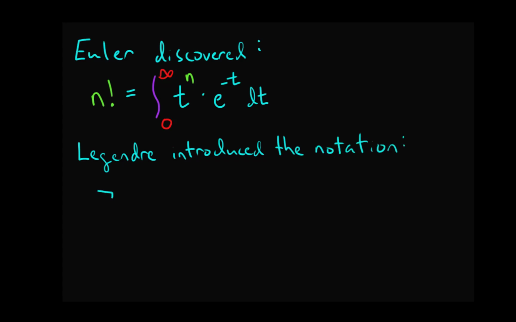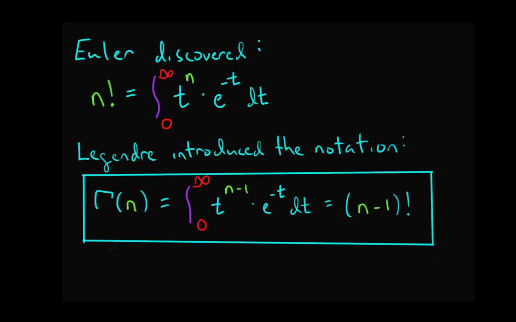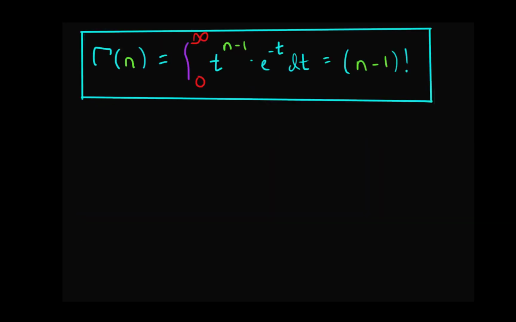And Legendre also found that it was more convenient to work with a function that's equivalent to n minus 1 factorial, so he introduced this notation gamma of n, which is equal to the integral from infinity to 0 of t to the n minus 1 times e to the negative t dt. So this is, of course, just n minus 1 factorial. We haven't done anything except shift things over by 1. So I'll put a box around this. This is the integral form of the gamma function, which we all know and love.